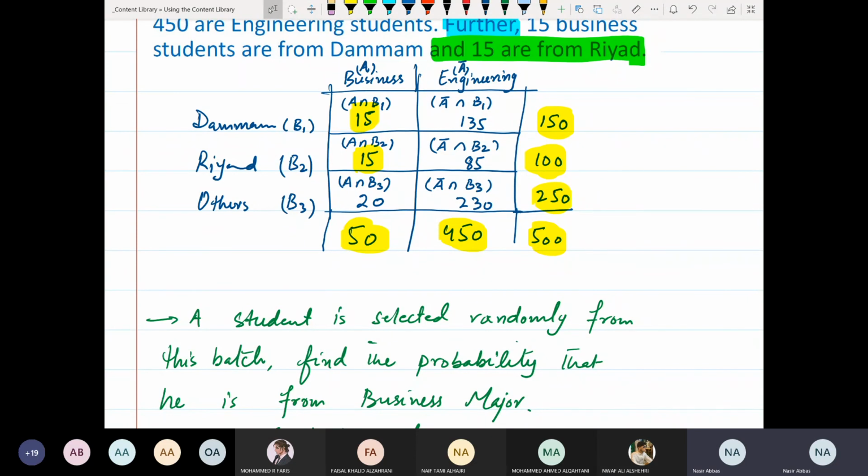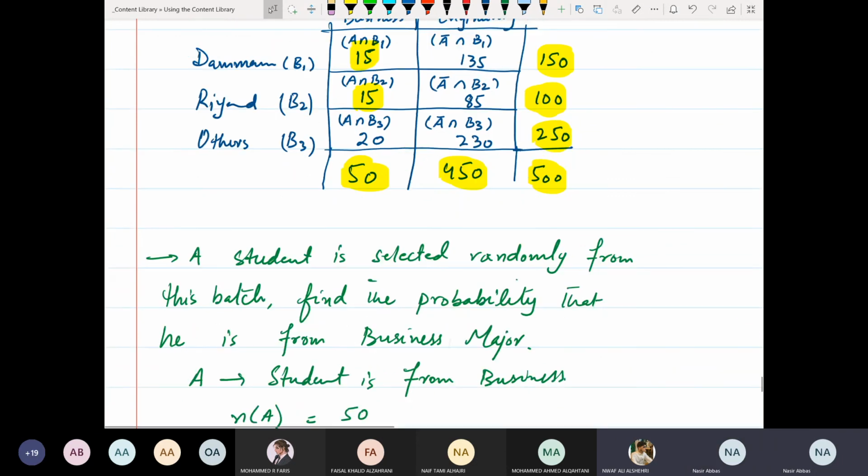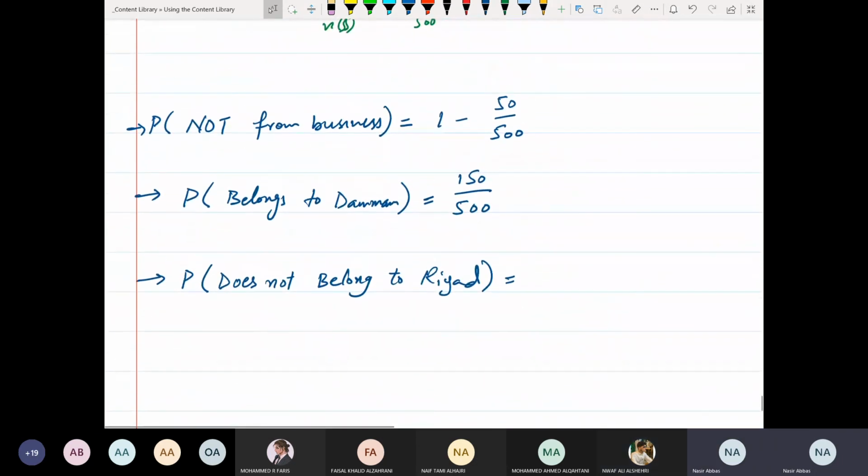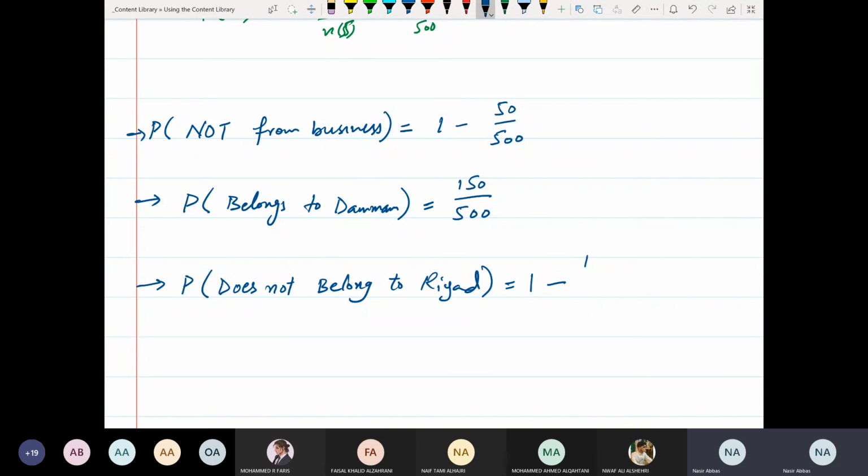From where did you get 400 in the table? I excluded the Riyadh students, then added the Dammam and other students. Good. So it is 1 minus the probability of Riyadh, 1 minus 100 over 500 using the complement rule, or as Nawaf said, you can do it directly by subtracting 500 minus 150 minus 250.